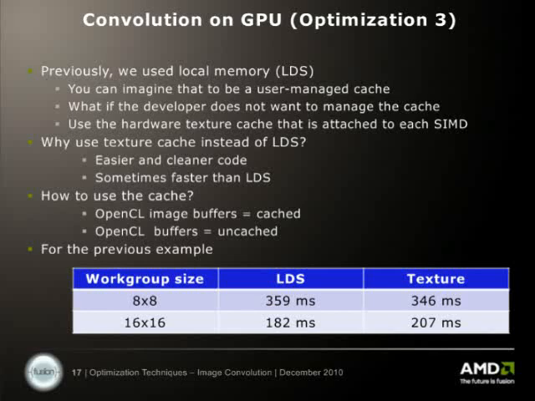Now moving on, let's try the other caching method, which is texture cache. When you use local memory or LDS, you need to write code. You need to first read data from the global memory and store it into local, and then you yourself start using the local memory, which is why I called it user-managed cache, right?